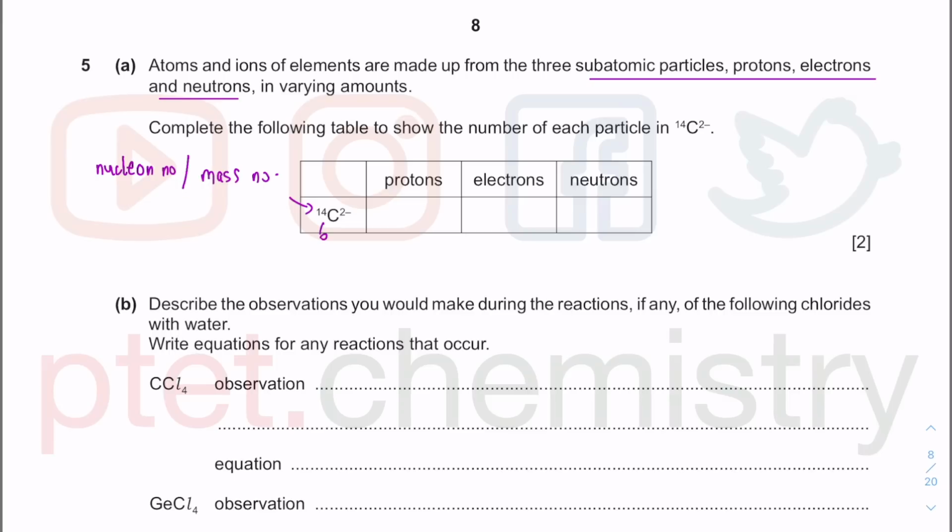So carbon has 6 protons. That is the proton or the atomic number. So what we have there will be 6 protons. We have a 2 minus charge there, so that's because we have gained 2 electrons. There's 8 electrons. We have 14 minus 6, which is 8 neutrons there for this isotope of carbon-14.